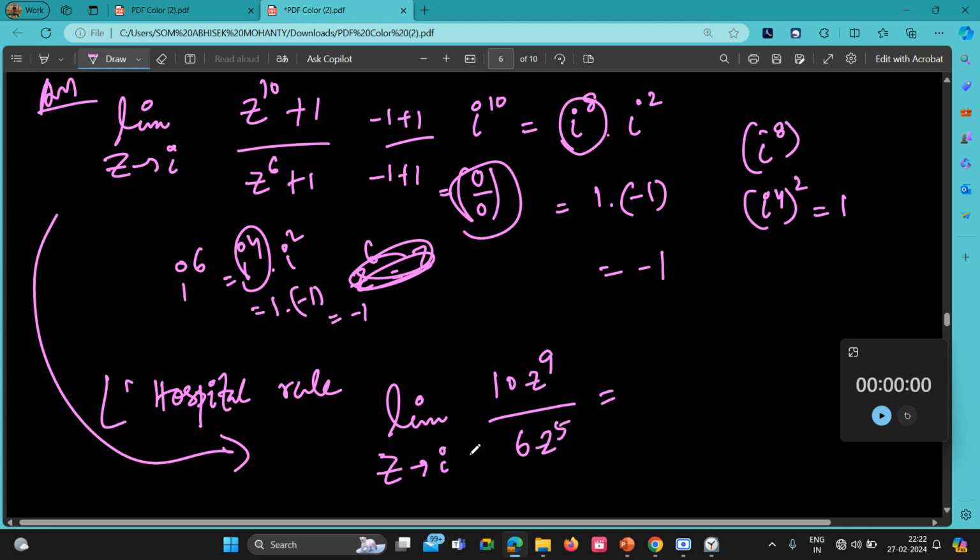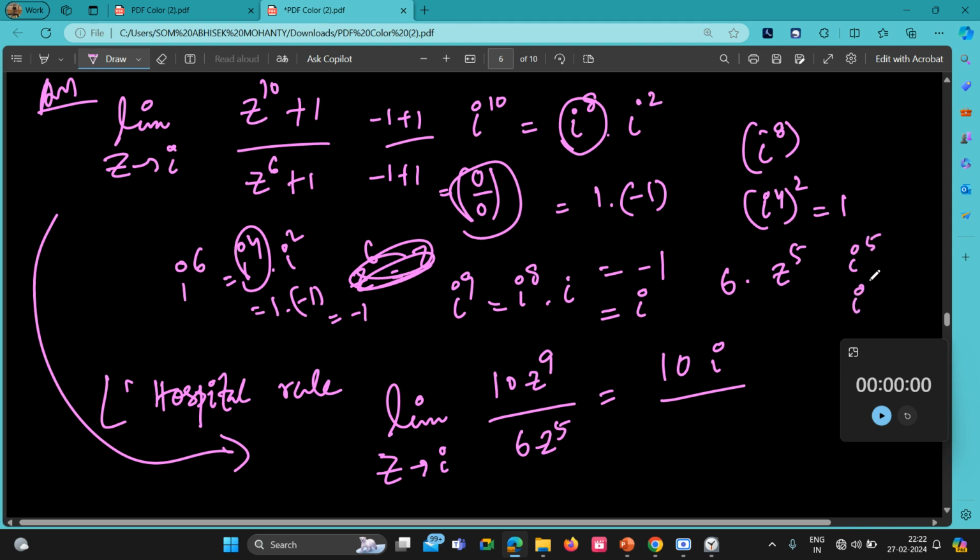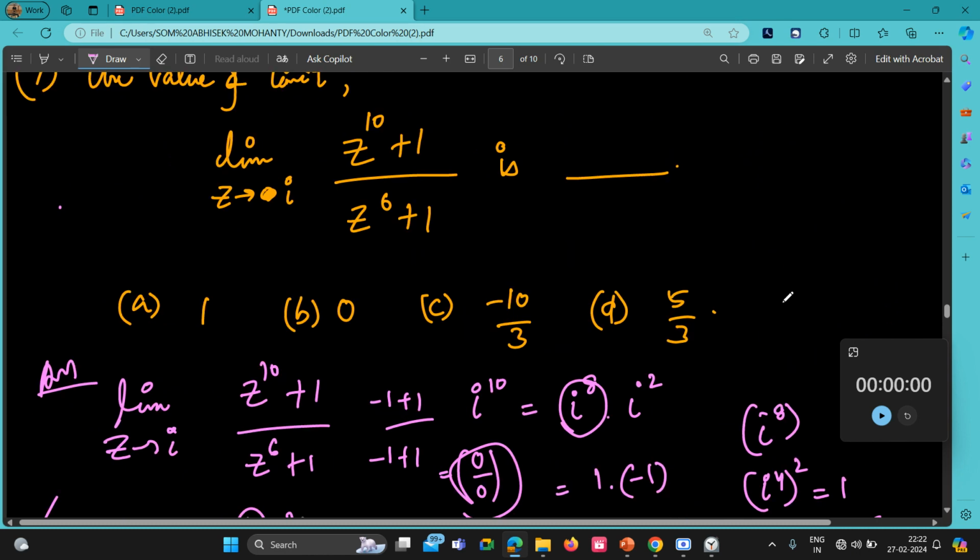Now I can put the value of i. i to the power 9 is i to the power 8 into i, and i to the power 8 is 1, so this is i. So 10 into i divided by 6 into i to the power 5, that is i to the power 4 into i, that is 1 into i, 6i. So 10 by 6, that is 5 by 3. So that's the answer, 5 by 3. I hope you understood.